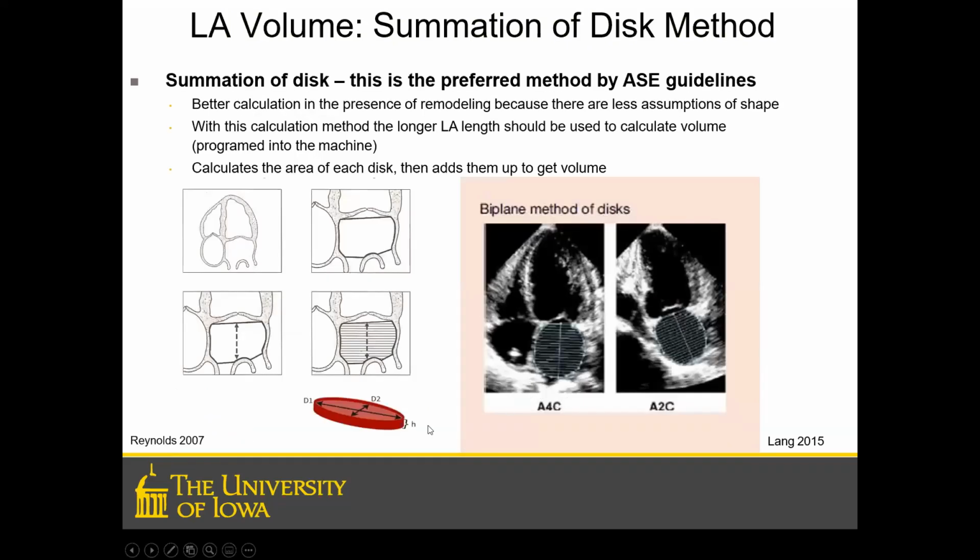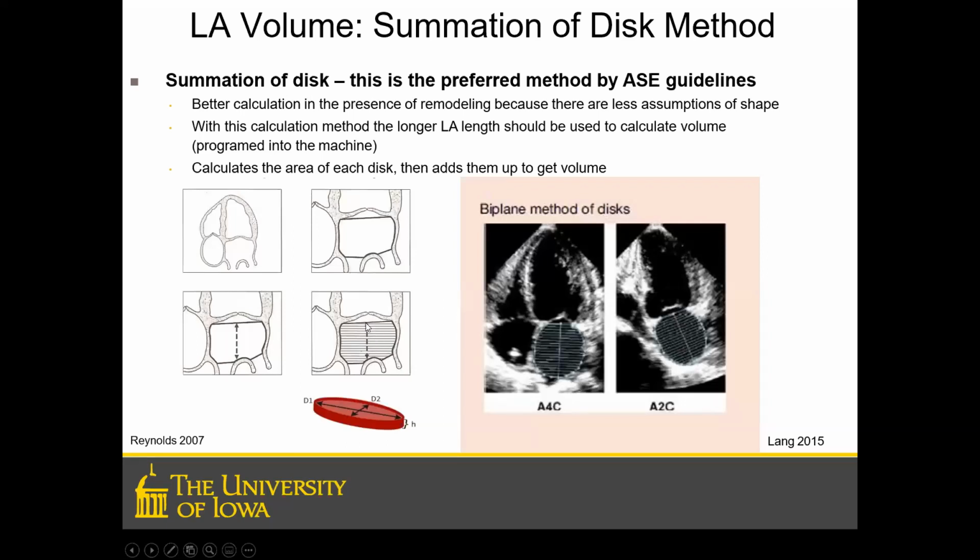This is how summation of disk works. You're probably familiar with this. So when we do the trace, the instrument assumes or does this calculation of the area of a disk and then stacks them up on top of each other. And notice each of these lines where that disk is calculated from is perpendicular to the length.